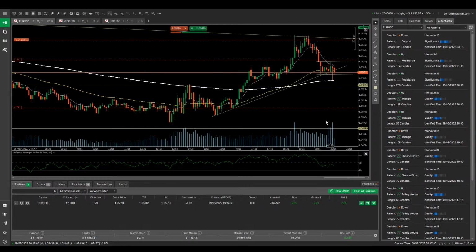Usually for euro, it's a very low spread, I think about 0.8 pips. Other brokers have different spreads. This one is in IC Markets, where the spread is quite low, but the commission is here, 0.03.